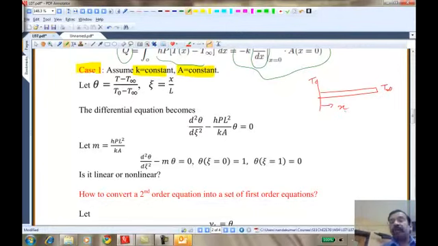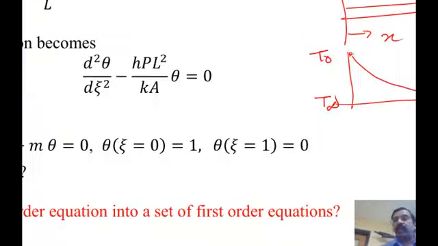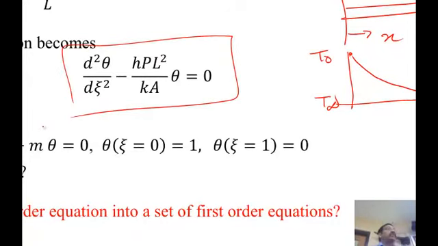So what I want to do is, I want to solve this differential equation to construct the temperature profile, something like this. Okay, this is T infinity, this is T0. My question is, what is the shape of the curve? What is the shape of that curve that will satisfy, when I plug that here, should satisfy that equation, and it should satisfy the boundary condition. At one end it is T0, at the other end it is T infinity.